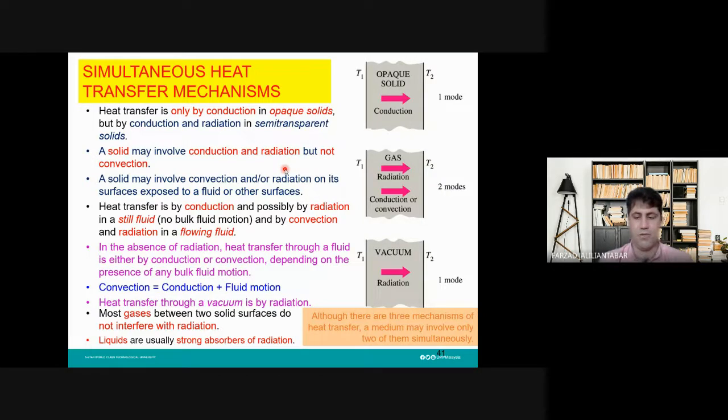In the afternoon session, we will go to more detail about the simultaneous heat transfer mechanisms, like combination of the radiation and the convection and so on, and we will see few examples in the afternoon session.